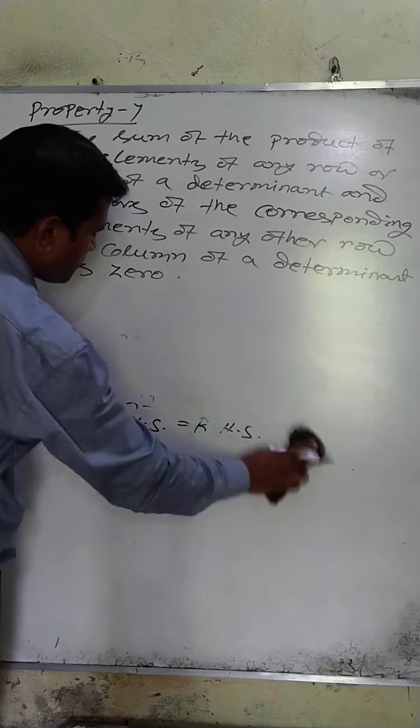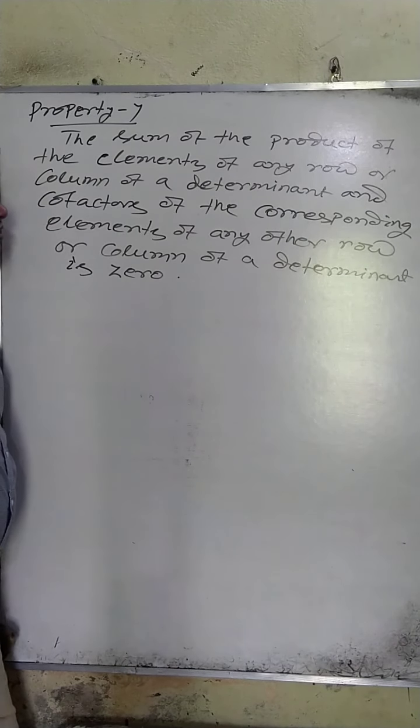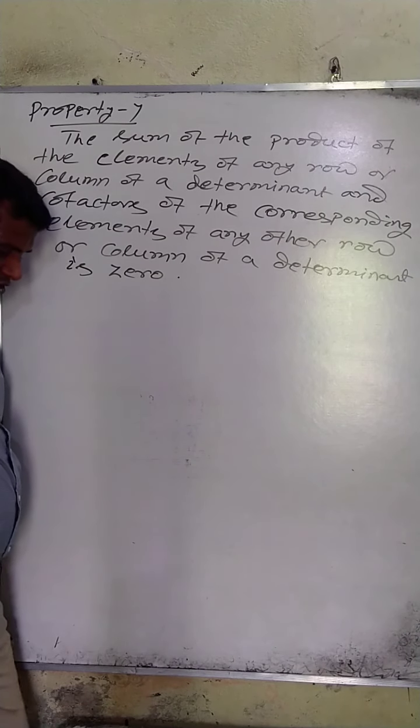The sum of the product of the elements of any row or column of a determinant and cofactors of the corresponding elements of any other row or column of a determinant is 0.